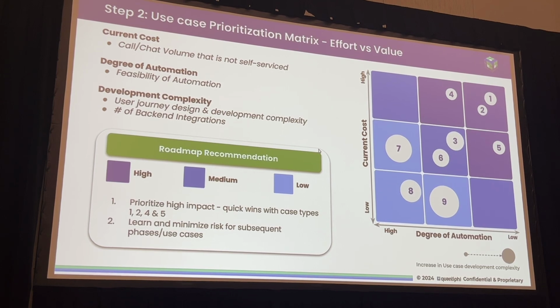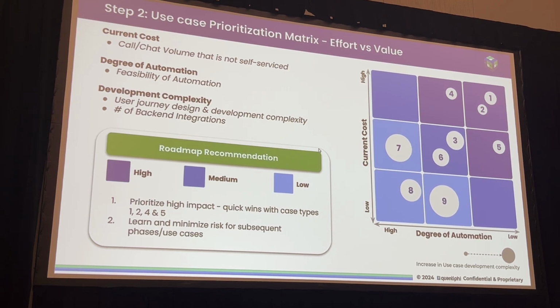So, what you need to do is identify your use cases on a 2x2 matrix. The x-axis talks about the degree of automation. What are those backend systems, and what is the readiness of those backend systems so that these use cases can be automated? And again, some of the other aspects that go into determining your roadmap is your current cost.